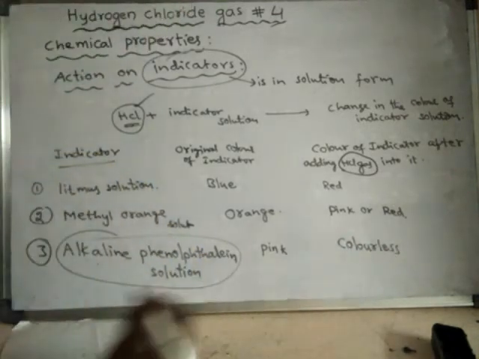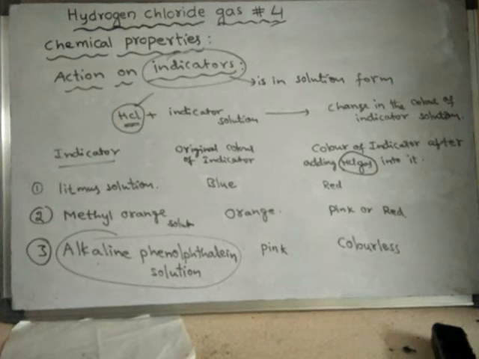The alkaline phenolphthalein solution is originally pink; when it comes into contact with acid, it loses its color and the solution becomes colorless.